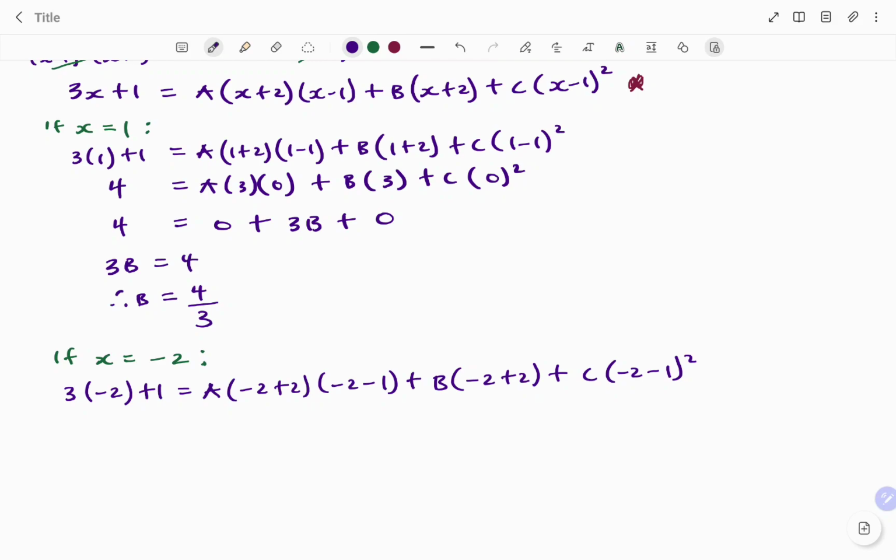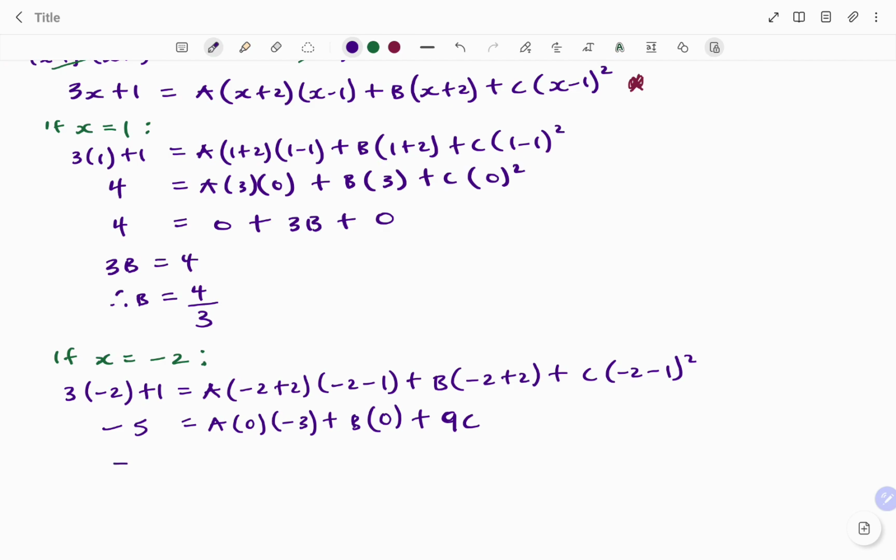Simplifying, I have 3 times -2, that's -6 plus 1, that is -5 equals a multiplying 0, -3, plus b multiplying 0, that's -2 plus 2, plus c in bracket -2 minus 1, that's -3 all squared. That will give me 9, so that's 9c.